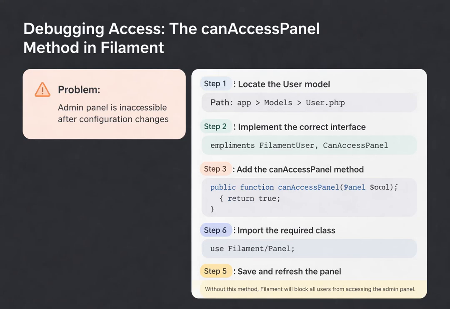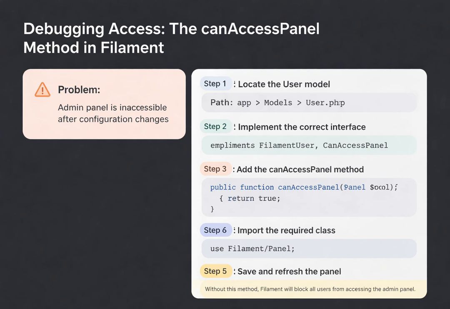Now, let's shift to a debugging scenario that comes up when working with Filament, the admin panel package for Laravel. After making certain configuration changes, you might find that you can no longer access the admin panel at all. The fix involves implementing the canAccessPanel method in your user model. Here's the process. First, navigate to your user model, which lives inside the app, then models, then User.php.